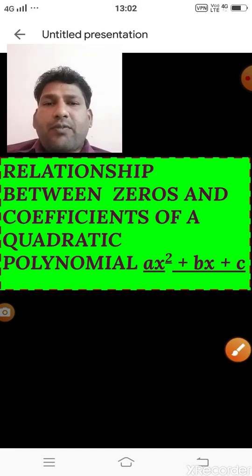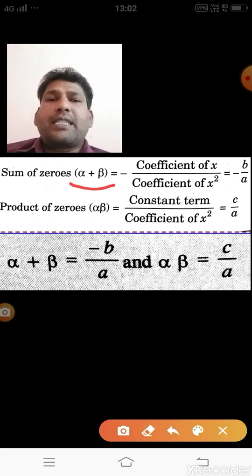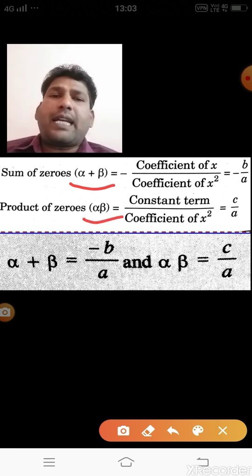The sum of the zeros, alpha plus beta, is the ratio of the coefficient of x, the value b, and the coefficient of x square, the value a, with a negative sign, and the product of zeros, alpha into beta, is the ratio of the constant term and the coefficient of x square, which is c upon a.